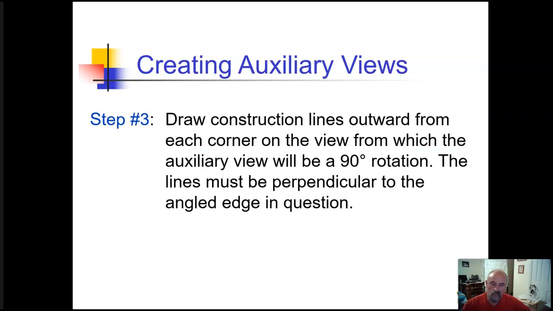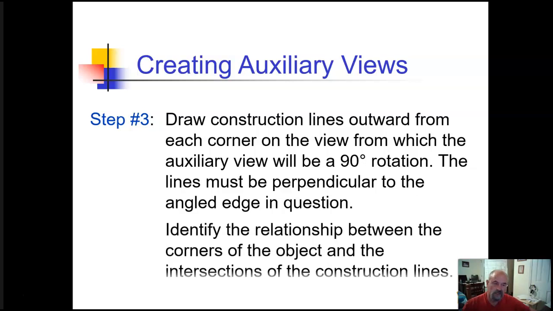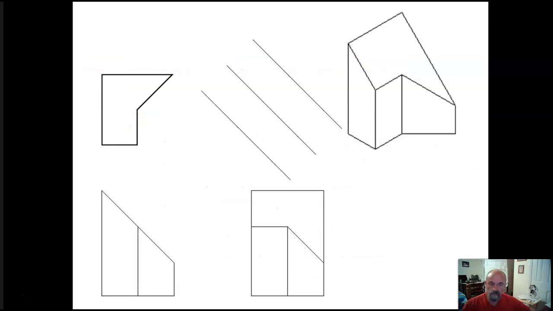Draw construction lines outwards from each corner of the view from which the auxiliary view will be a 90-degree rotation. The lines must be perpendicular to that angled edge in question. Identify the relationship between the corners of the objects and the intersections of the construction lines, and then draw directly up to them.